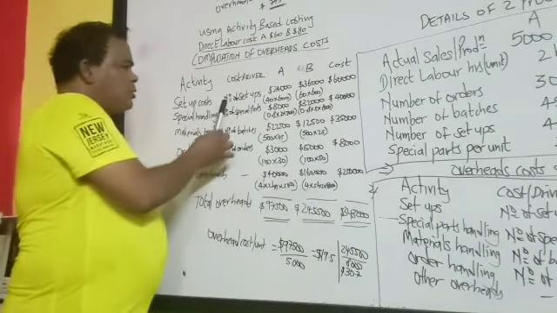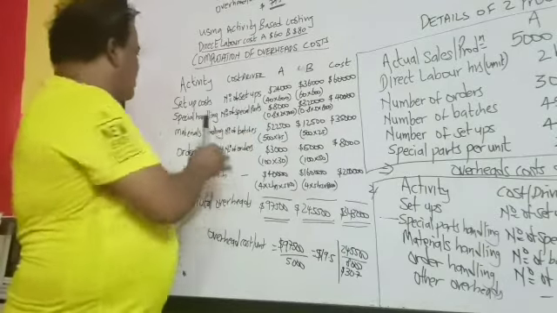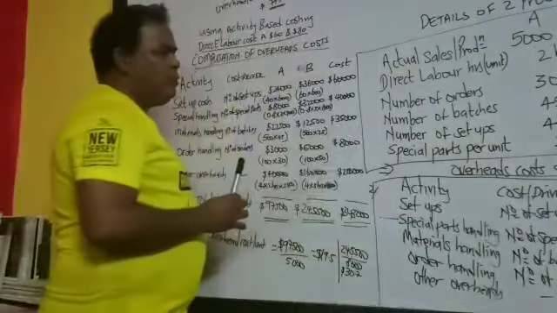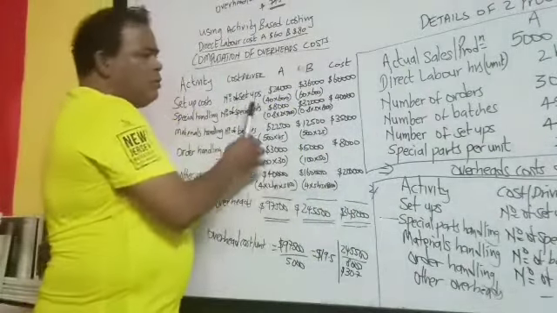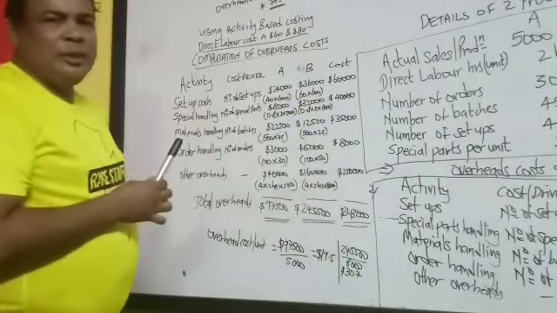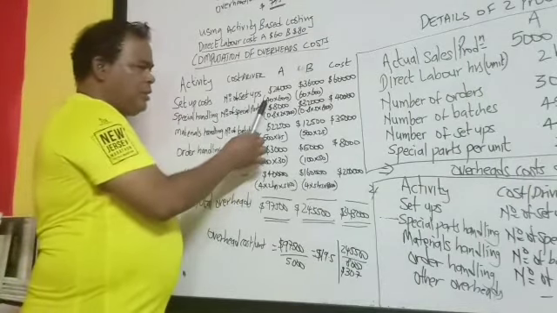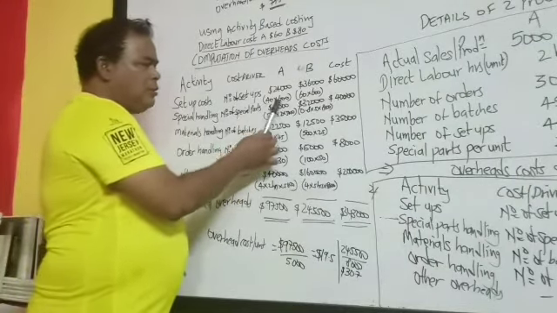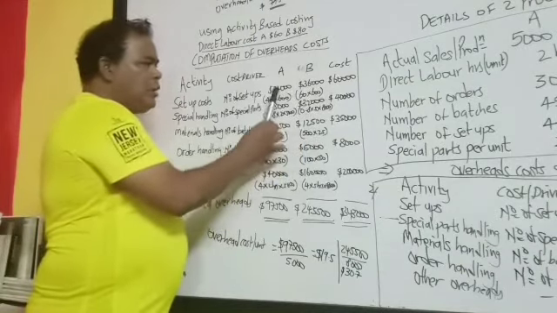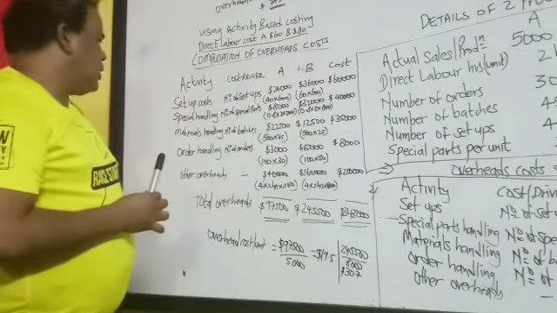So setup cost, number of setups. So what is the setup cost? 60,000, and we have to allocate it based on number of setups, 40 and 60. We have already calculated the cost driver rate, 600 times 40 and 600 times 60, then we get 24,000 and 36,000 for setup costs.